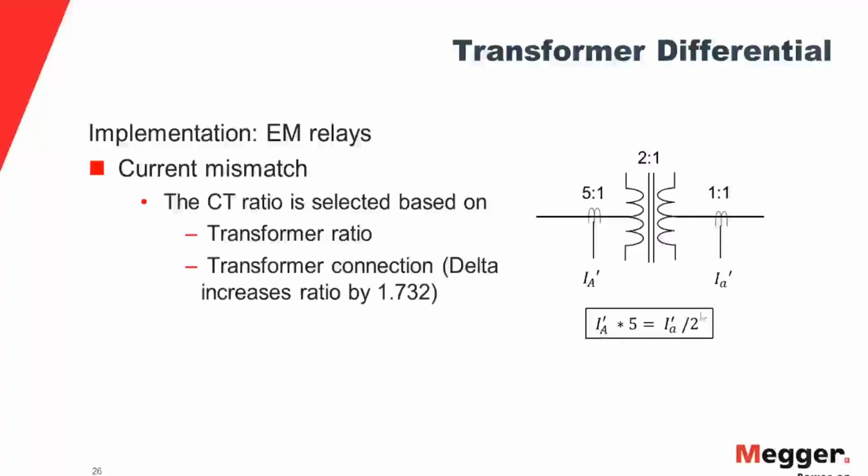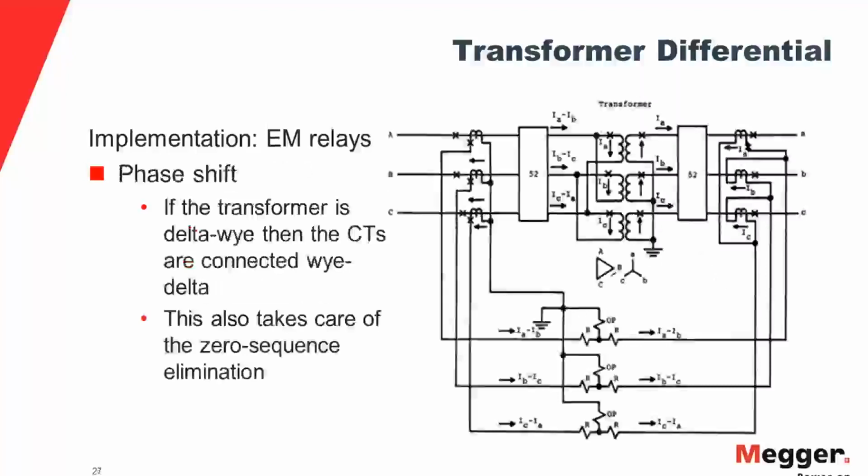How do we mitigate the CT mismatch? So the CT mismatch is mainly caused by the CT ratio. So you can select the CT ratio based on the transformer ratio or the transformation ratio, so in this case, the transformer ratio is 2:1.